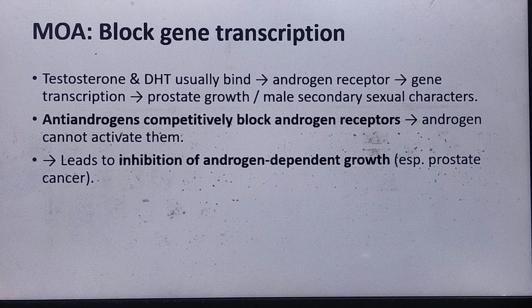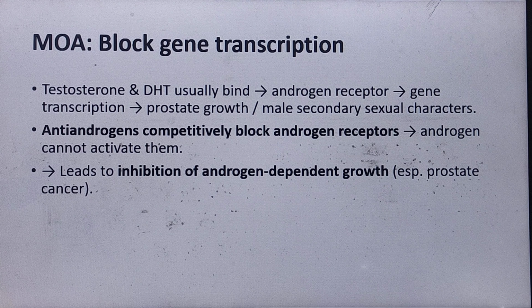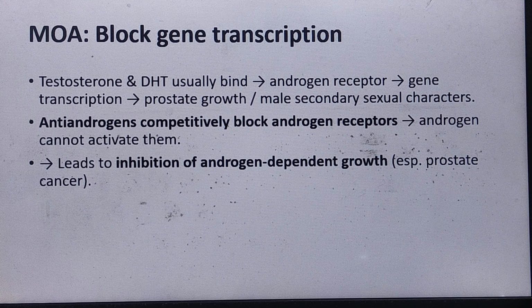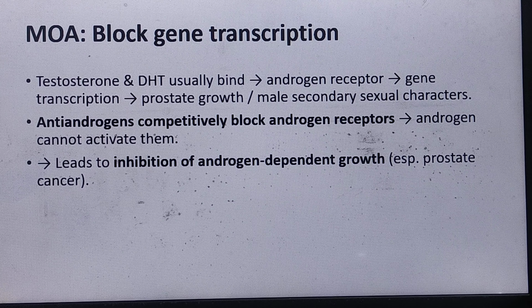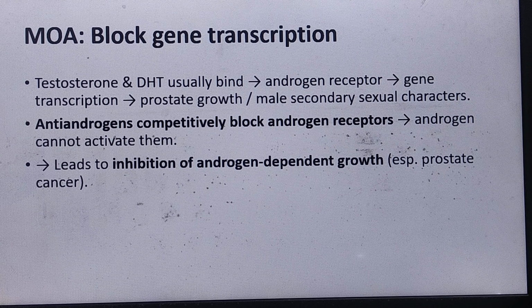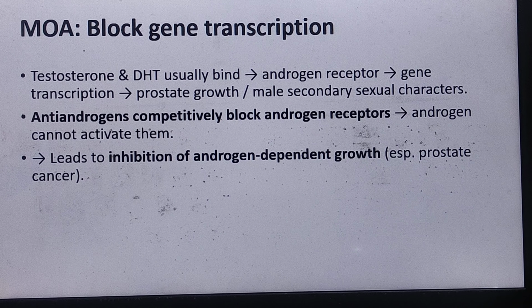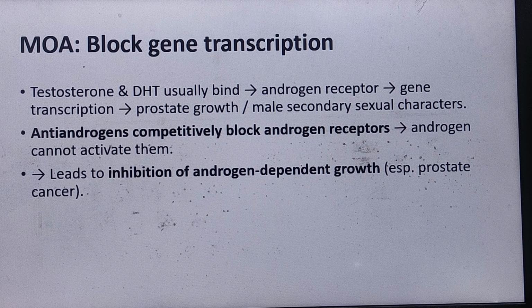So how does these androgen receptor blockers act? So these androgen receptor blockers act by blocking the gene transcription in the respective cell. So the testosterone normally binds to the androgen receptor, and it promotes the gene transcription, leading to prostate growth and other male secondary sexual characters.